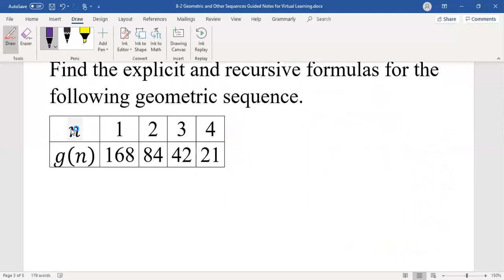In this problem, we're trying to find an explicit formula and a recursive formula for the geometric sequence.